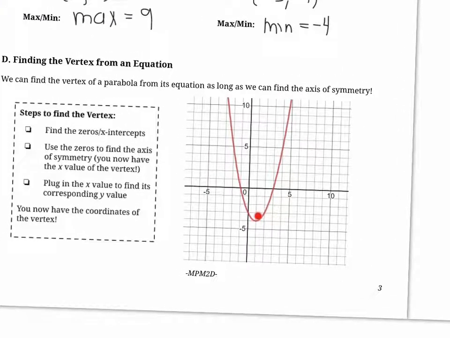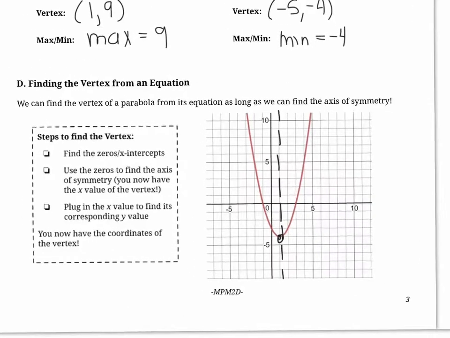Remember that we can find the vertex as long as we have the axis of symmetry. If we know the axis of symmetry, that gives us information about the vertex because the axis runs through the vertex. So here's the key.